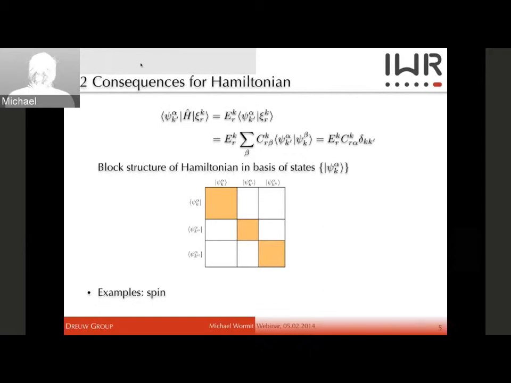And this is one of the main ways to look at symmetry. If you have operators which commute with each other, expressing the Hamiltonian in an eigenbasis of the symmetry operators, you automatically get a block diagonal structure for the Hamiltonian. Then if you want to solve for the eigenvalues, you can just concentrate on one of these diagonal blocks and solve them independently of each other.